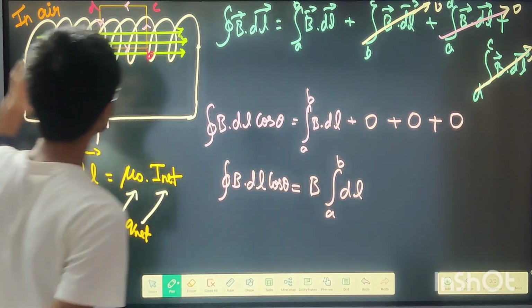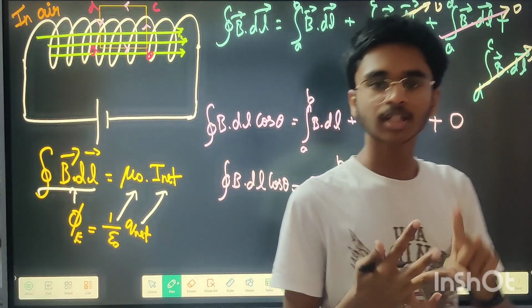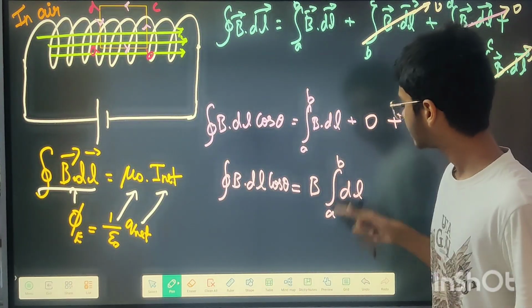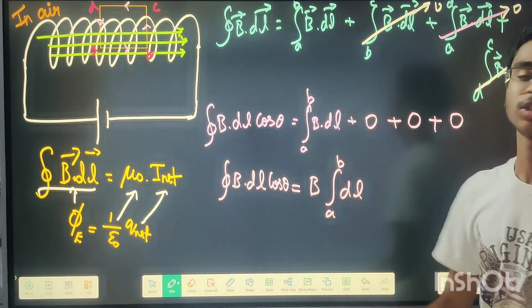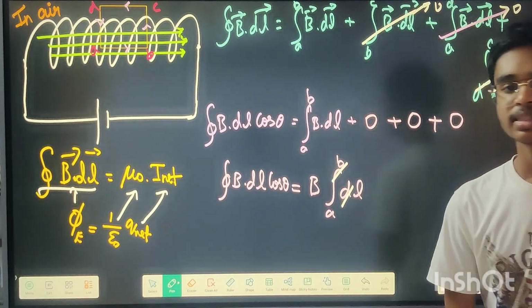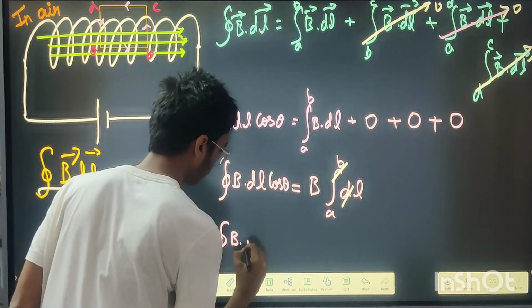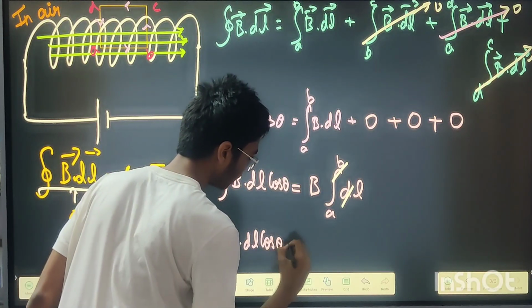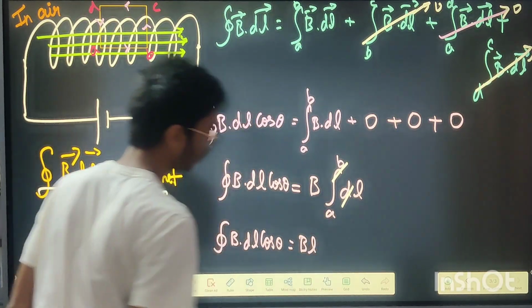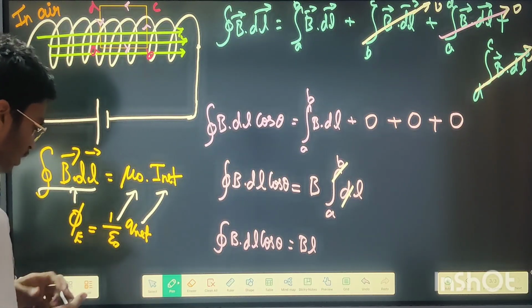Since these are all coils, for circles and for coils you are not supposed to put the lower limit and upper limit as input. All you have to do is cancel this d and this integration, then B dot dl cos theta is equal to BL. So like this you have got it.